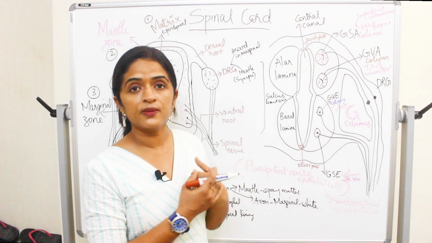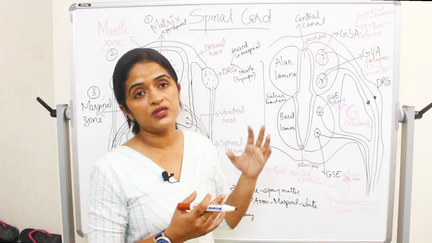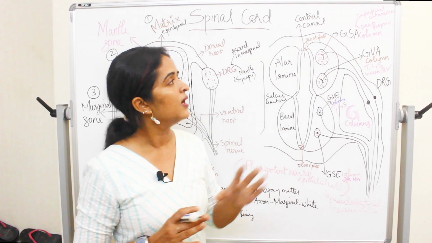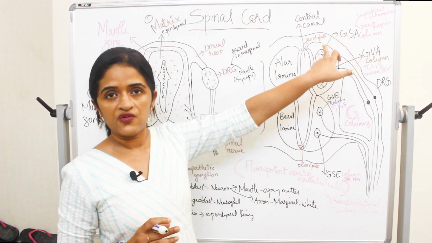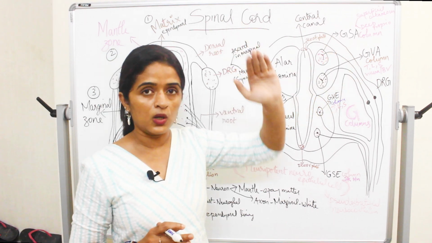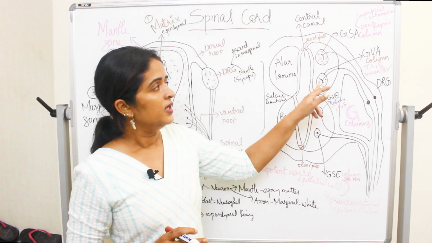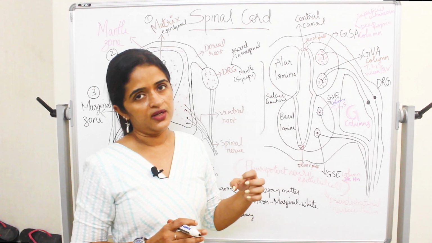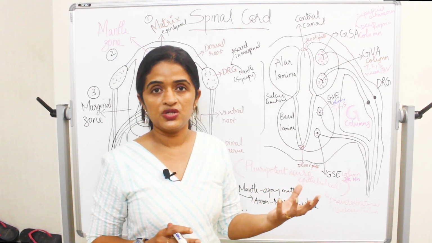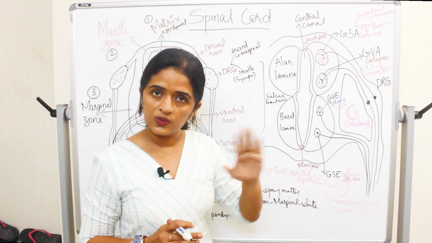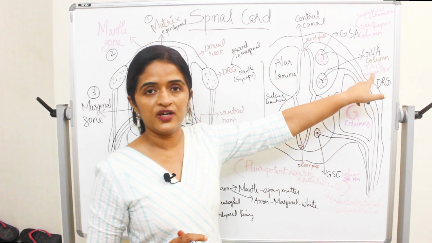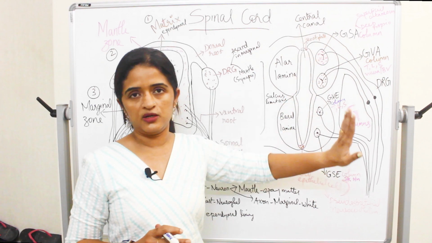Superficial sensations are mainly cutaneous sensations, and deep sensations are proprioception. These are going through the general somatic afferent column, which is there throughout the spinal cord. Now general visceral afferent, that is carrying sensations from the viscera and blood vessels, and they are not seen throughout the spinal cord but only confined to the thoracic, lumbar and sacral region.